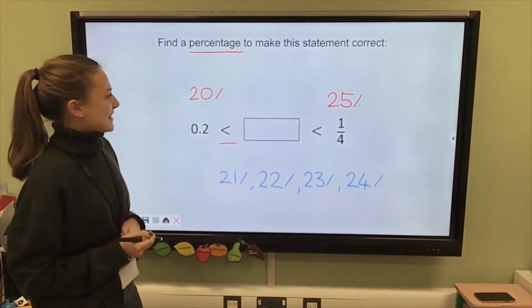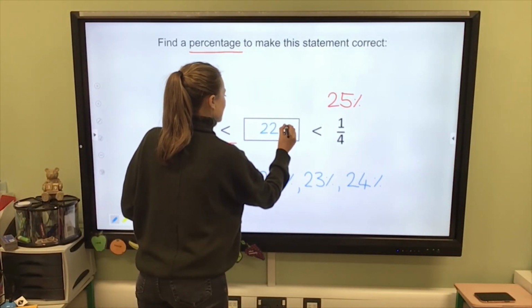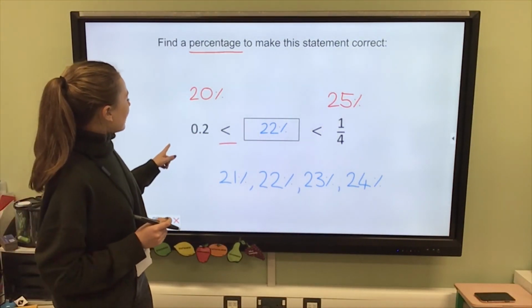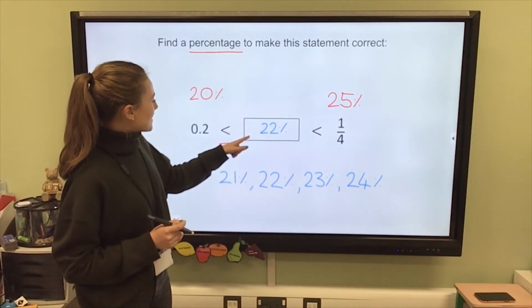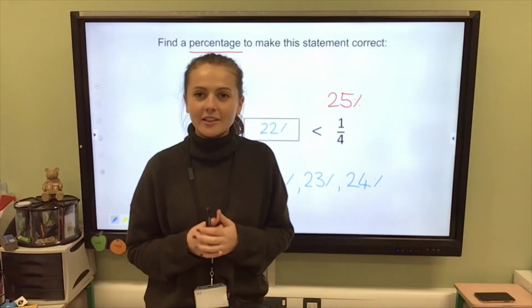Any of those percentages would be correct here. So if I put 22% there, for example, 0.2 is less than 22% and 22% is less than 1/4.